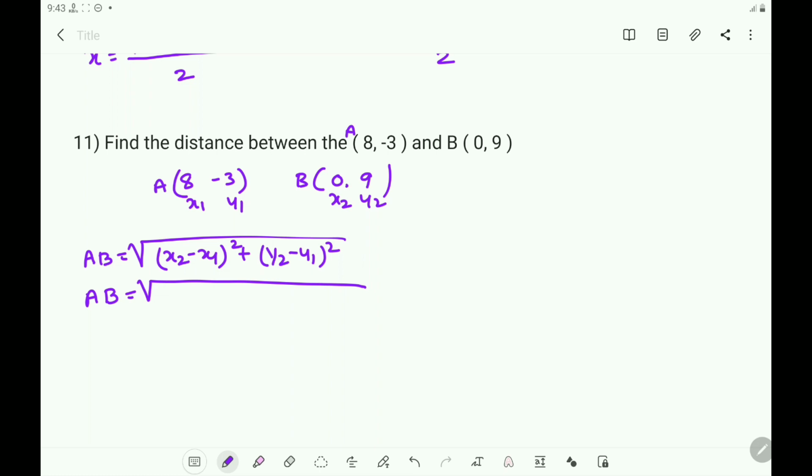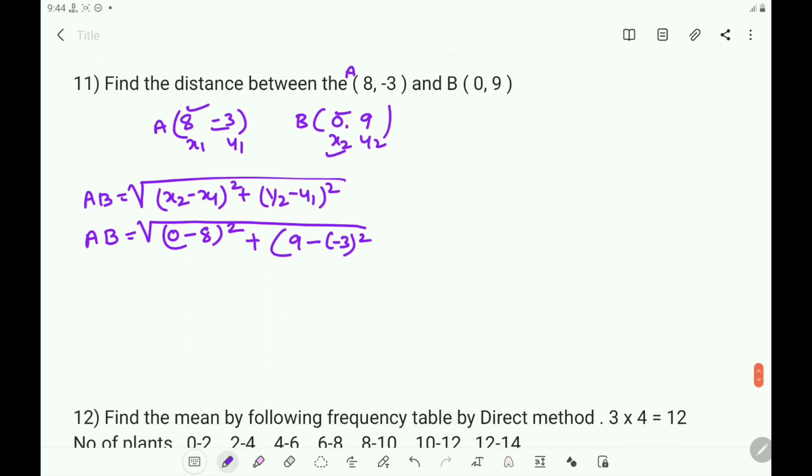So x2 is 0, 0 minus x1 is 8, here is 8 whole square plus y2 is 4, 4 minus minus 3, so write minus 3 whole square.